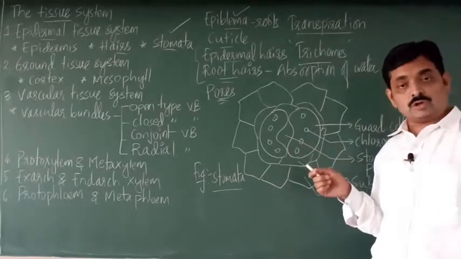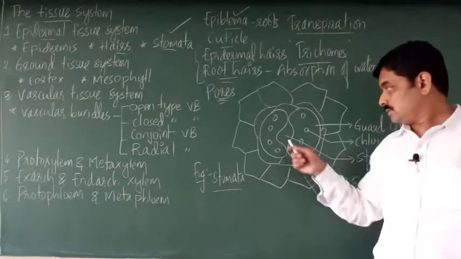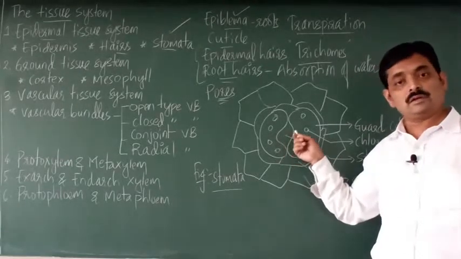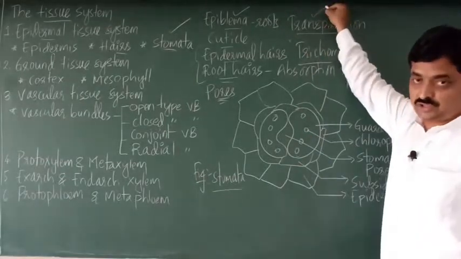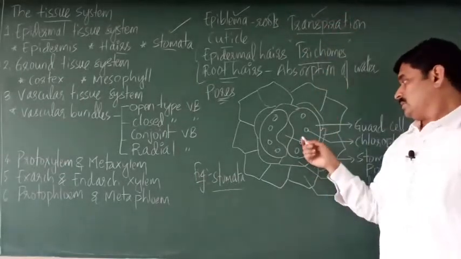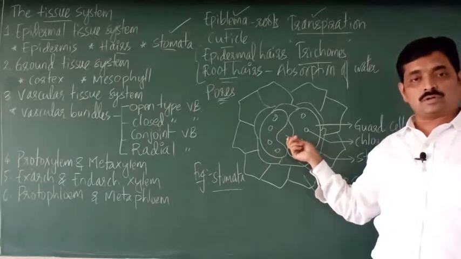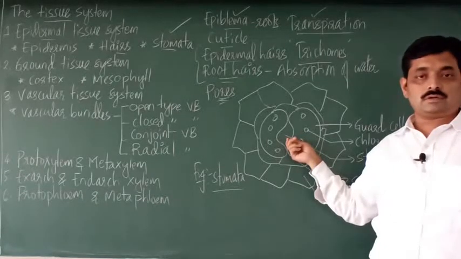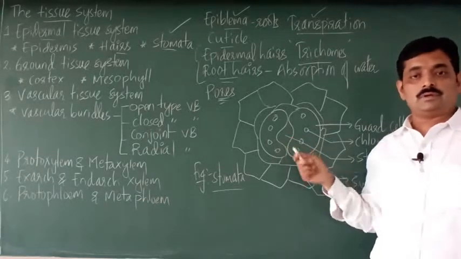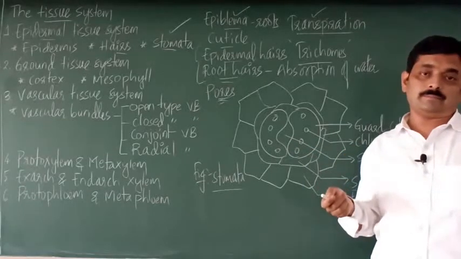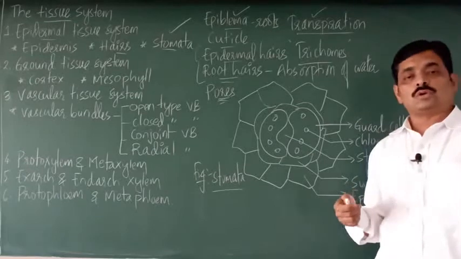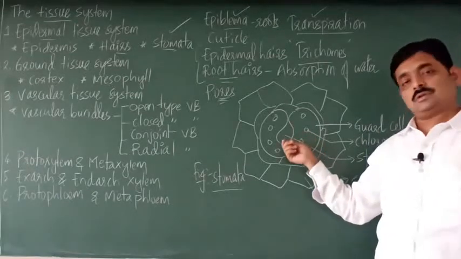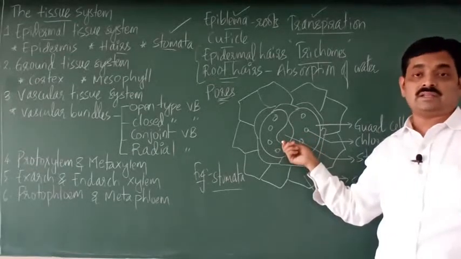So water is lost from this stomatal pore during transpiration. This stomatal pore is open during daytime. It is just like a gate, or a door. It remains open in the daytime.